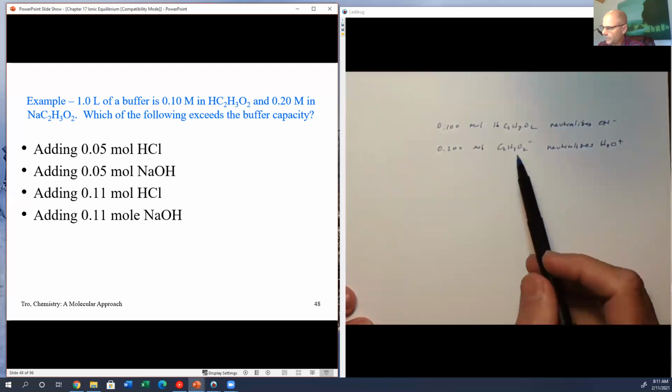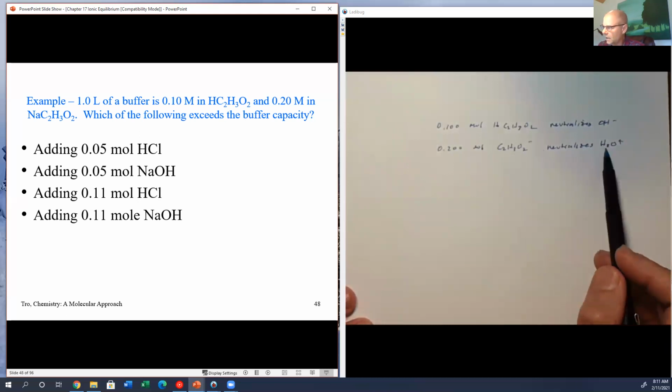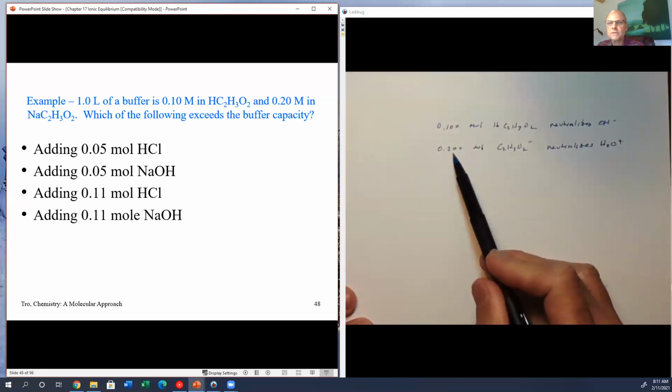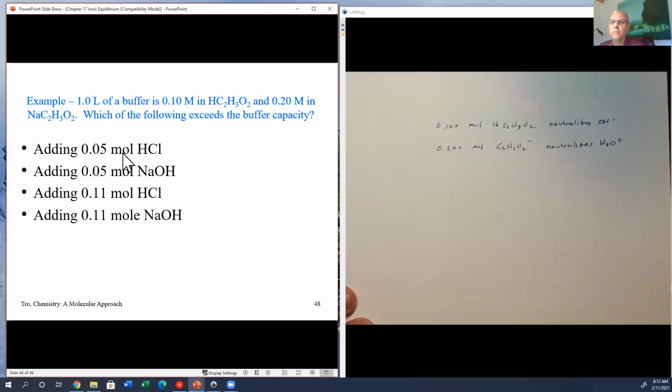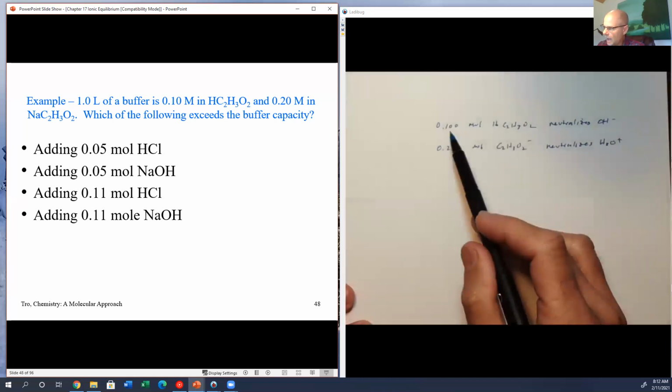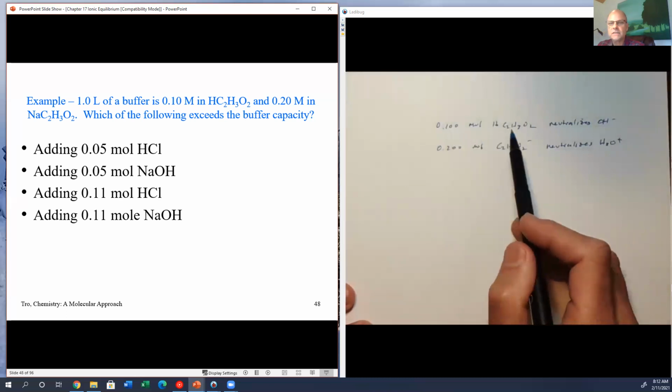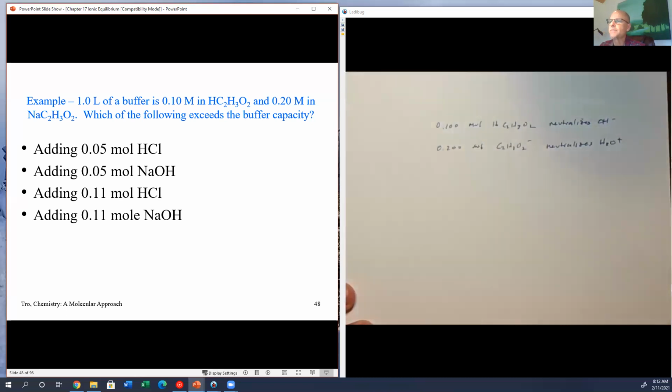Well, let's see. 0.05 moles of HCl, that means that's H3O plus. I have 0.2 moles of the conjugate base, so I have plenty to neutralize that 0.05 moles of HCl. So we're fine there. Adding 0.05 moles of NaOH, well, I have 0.1 moles of acetic acid. So we're fine there. It can neutralize that added NaOH.